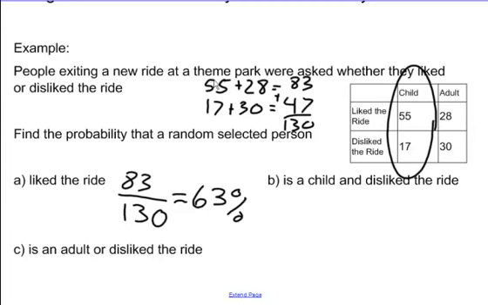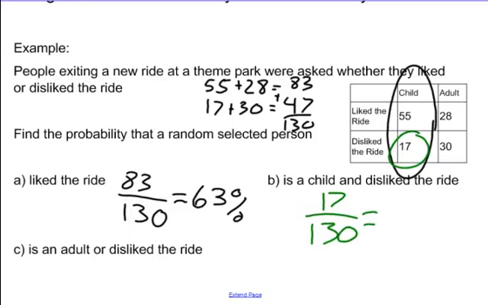We're looking at right here. We're not just looking at children. We're not just looking at people that liked it. We're looking at the children that disliked the ride. So we have only 17 children that disliked the ride out of 130 people that were surveyed.